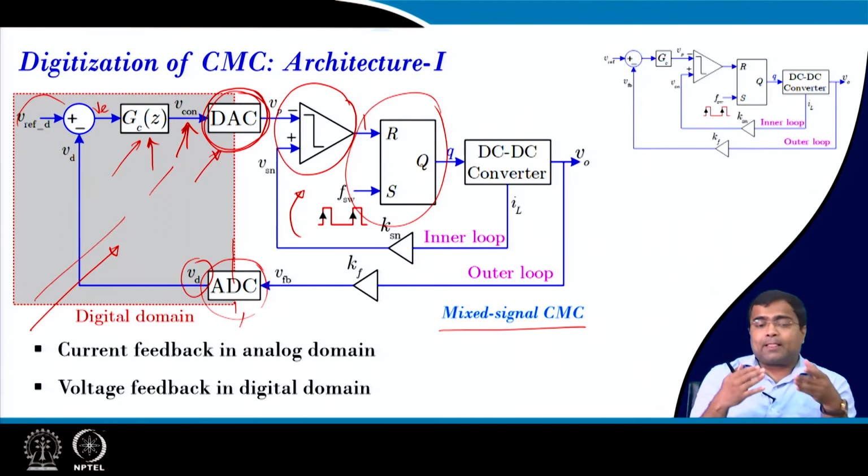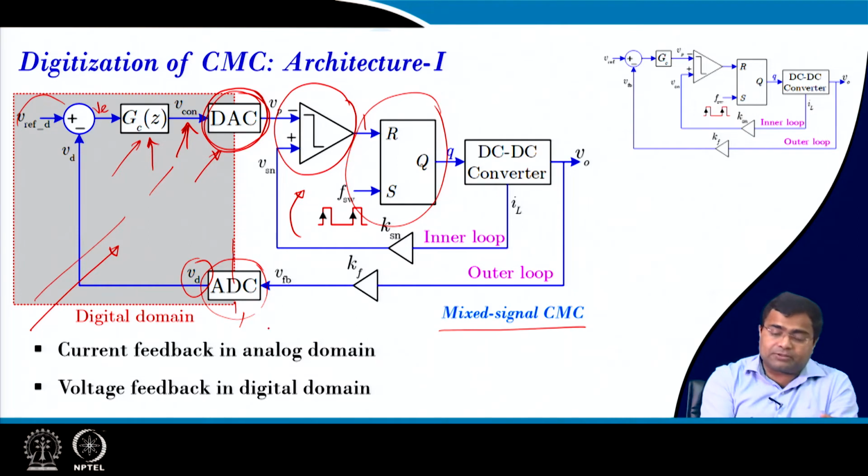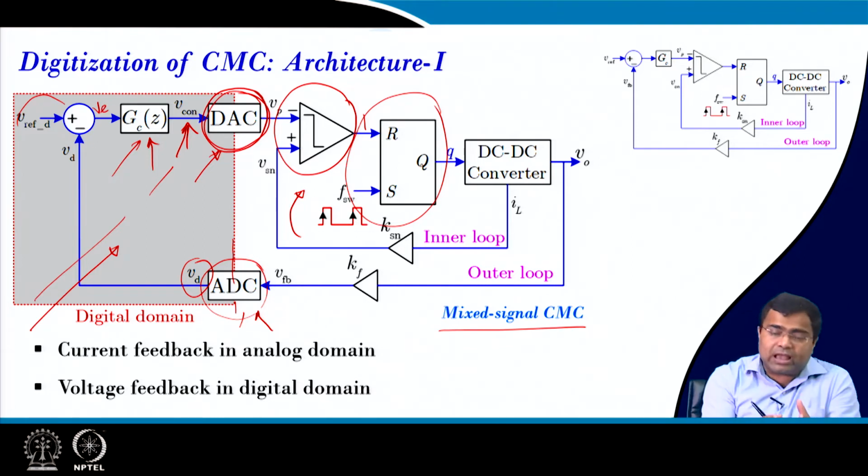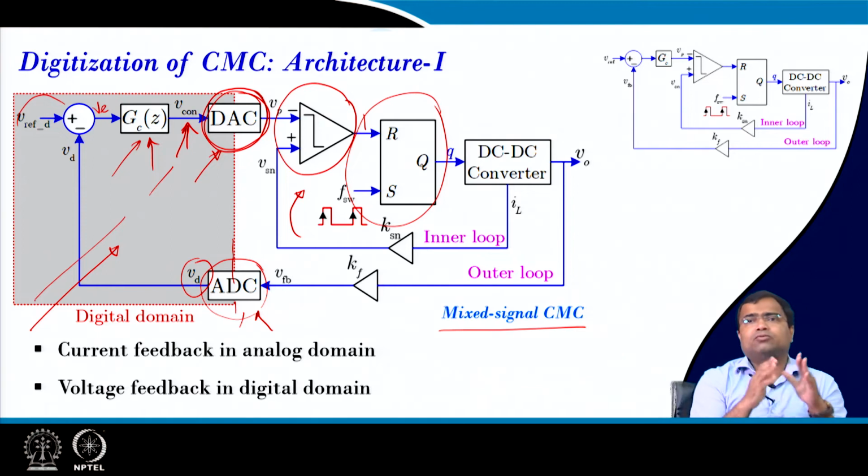Another aspect, even if you are going for large signal transient, because of the delay you may lose control loop bandwidth, because we have discussed the digital control has some shortcomings. When you have this A to D converter, we cannot have a very high sampling rate, because that will unnecessarily increase the cost and the power. So we have a limit on the ADC conversion rate, and because of that limit we will have a delay.